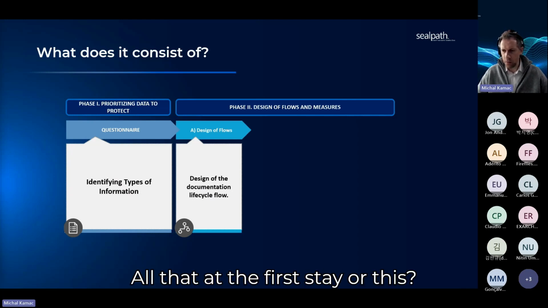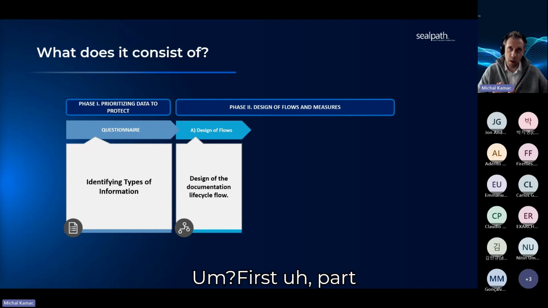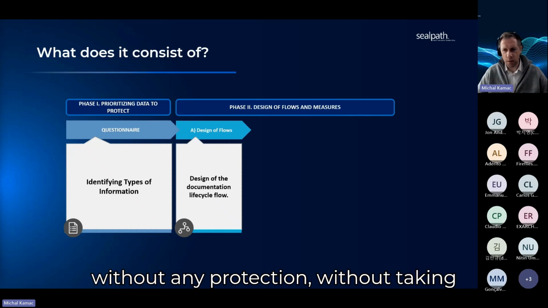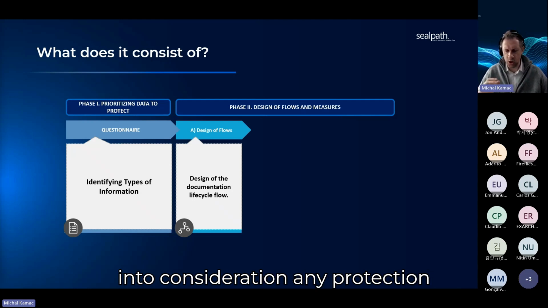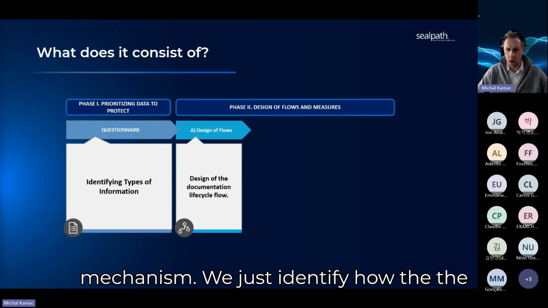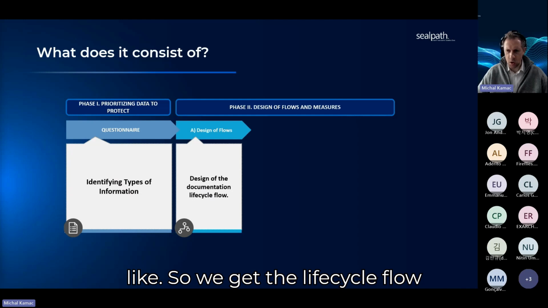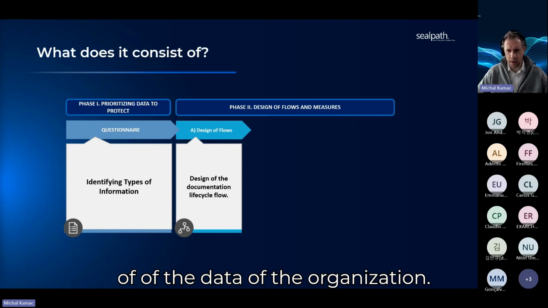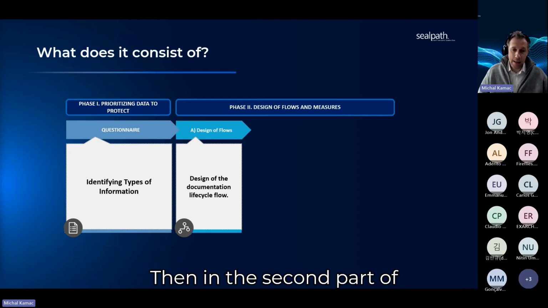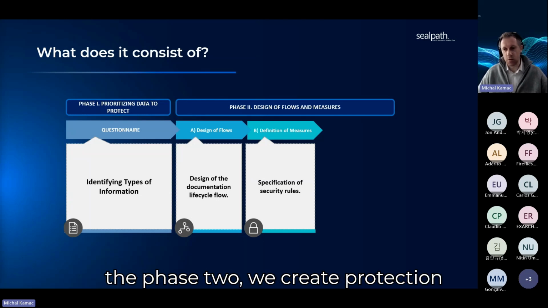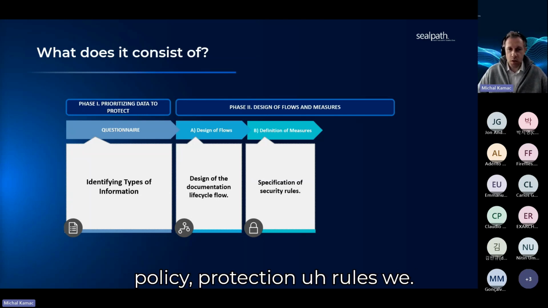In this first part of phase two, we work without any protection, without taking into consideration any protection mechanism. We just identify what the life cycle of the data looks like. So we get the life cycle flow of the data of the organization. Then in the second part of phase two, we create protection policy, protection rules.